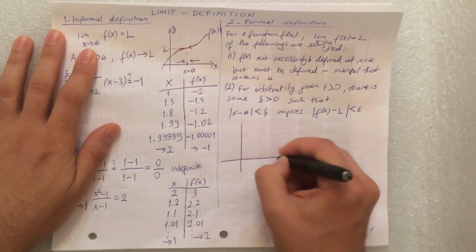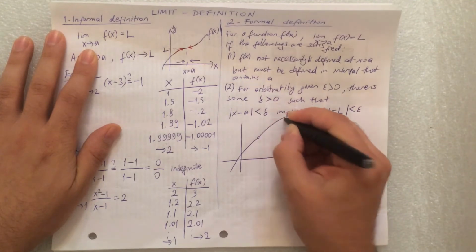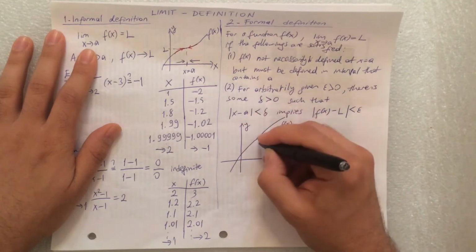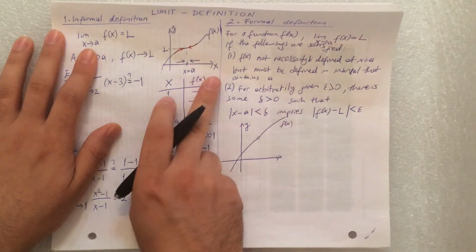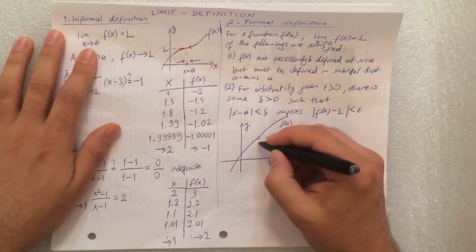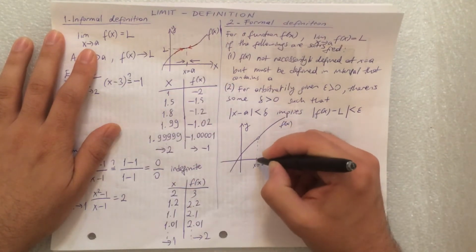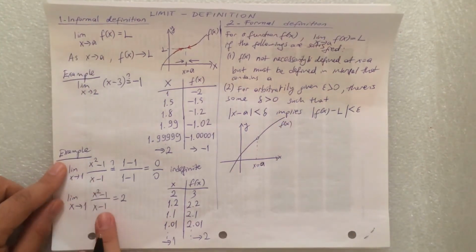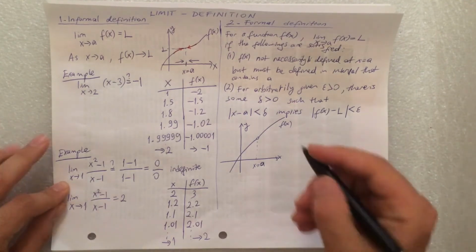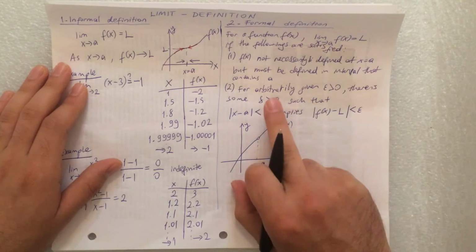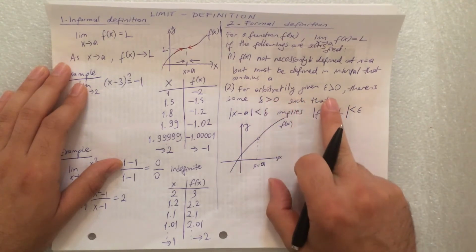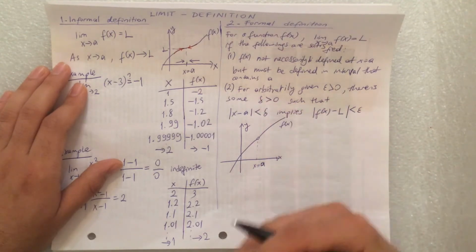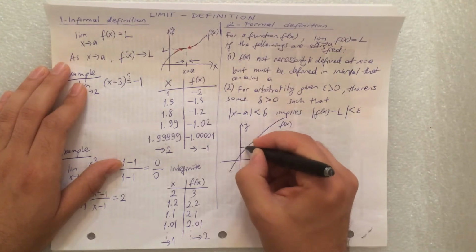So if we plot a function f(x), as we said, f(x) is not necessarily defined at x is equal to a. Maybe it's not defined at x is equal to a, like in this example it was not defined at x is equal to 1, but for arbitrarily given epsilon greater than 0, which defines a closeness or proximity in the y-axis.